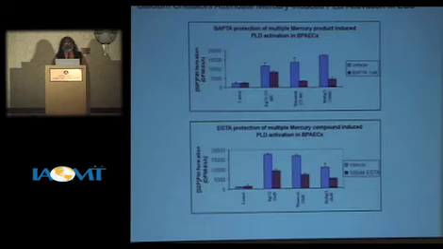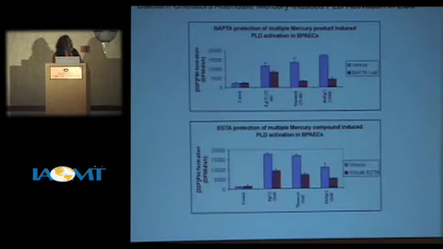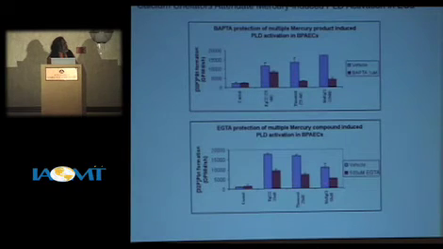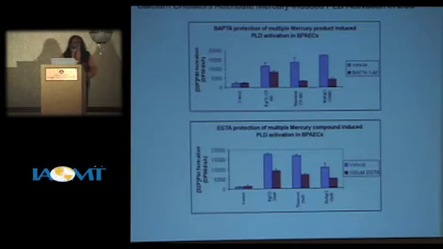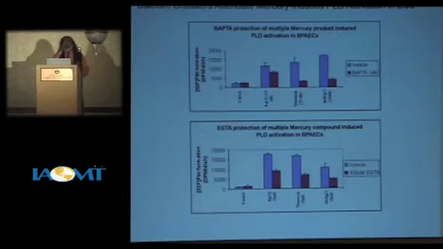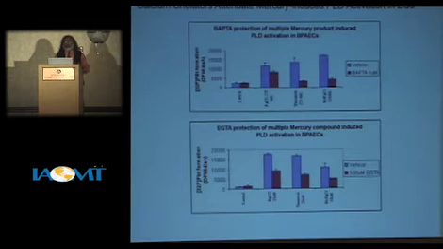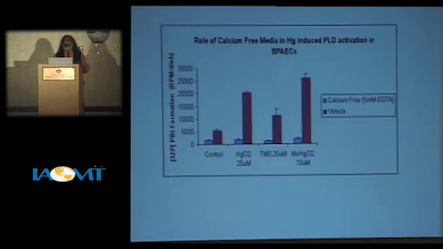Whereas BAPTA, an organic quencher, quenches inside. When you treat these cells and look at phospholipase D activation, BAPTA as well as EGTA both quenched PLD activation, indicating that both intracellular as well as extracellular calcium is required for the activation of the enzyme under mercury stress. So that tells us that mercury perturbs calcium and activates phospholipase D.